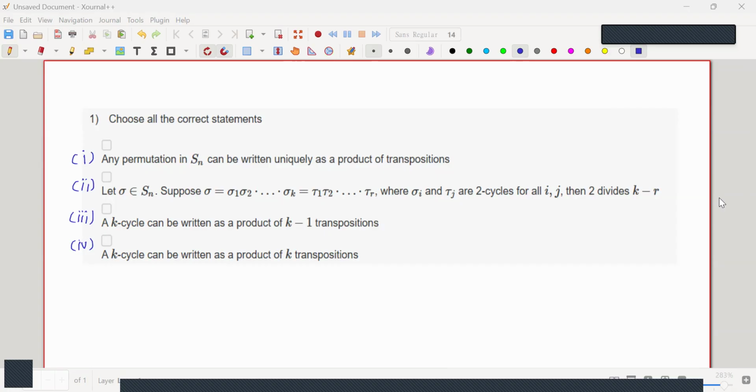A permutation is a bijection. So if the action sends each element to a distinct element, meaning the action is faithful, then it's like a permutation. Otherwise, it's just mapping elements of the set itself to some other element.